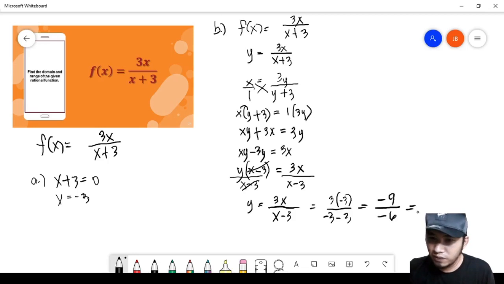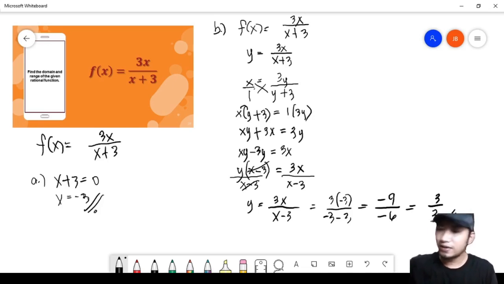Okay, so simplifying this one, we will have now 3 halves, positive 3 over 2, and that is the value of our y. Okay, that is the value of our x. Alright, so that is how to find the domain and the range of the given function.